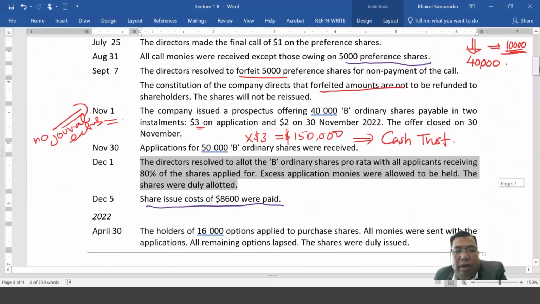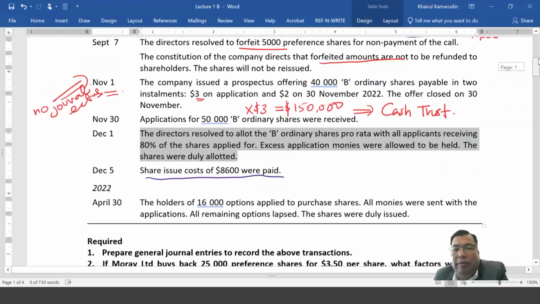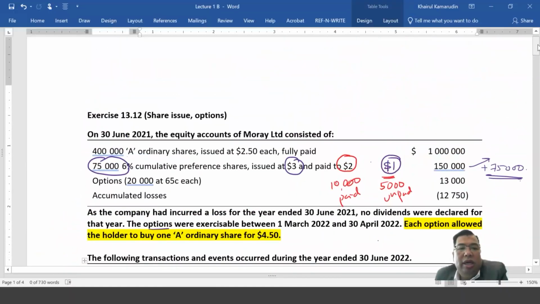The next one. April 30th, the holder of 16,000 options applied to purchase shares. All money was sent with the applications. All remaining options lapsed. The shares were duly issued. What does it mean? We have these options, 20,000.